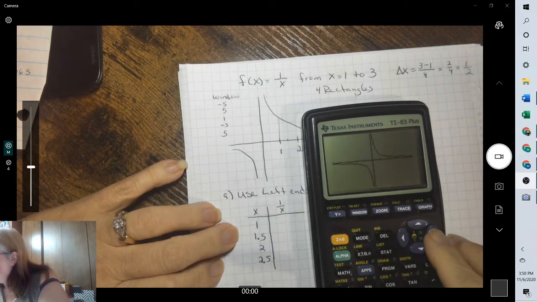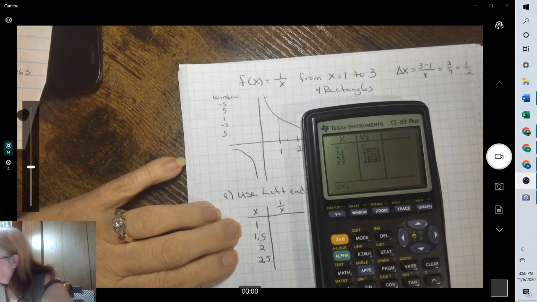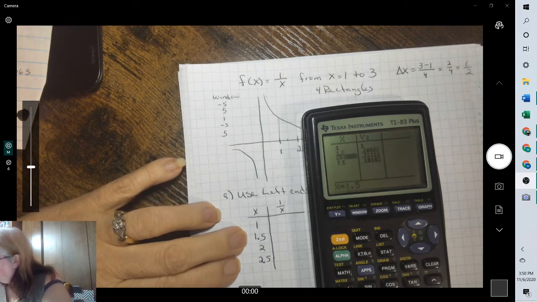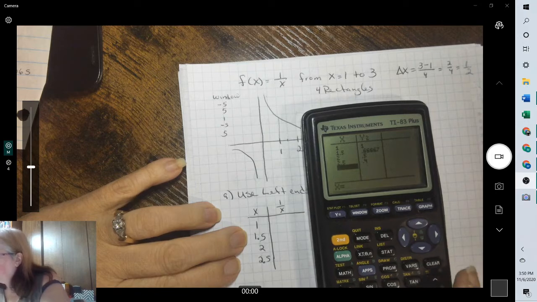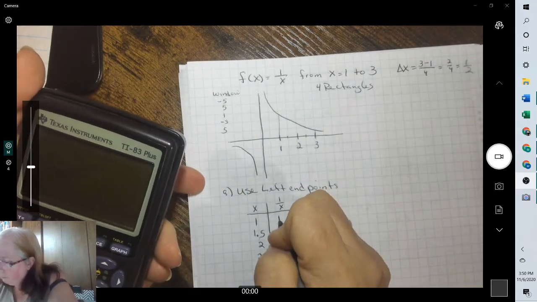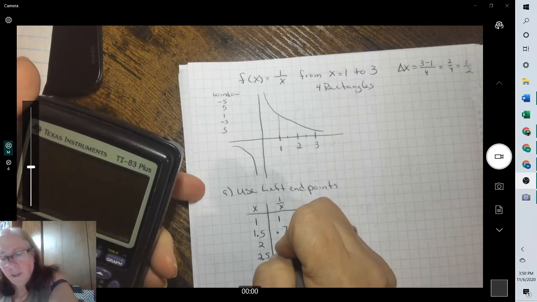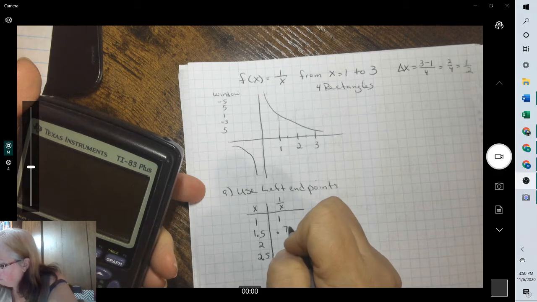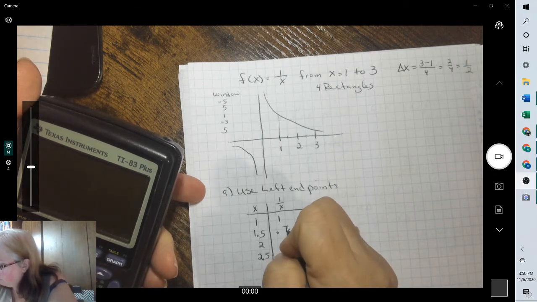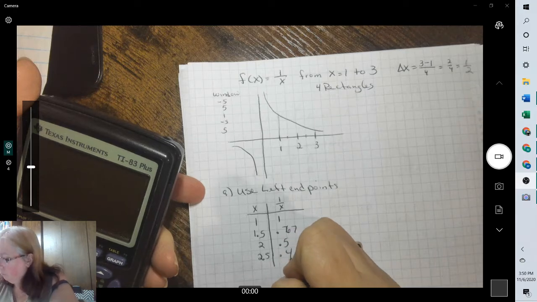Go to my table, and I plug in 1, 1.5, 2, 2.5. And I have my values. So we'll go with 1, 0.67, 0.5, and 0.4.